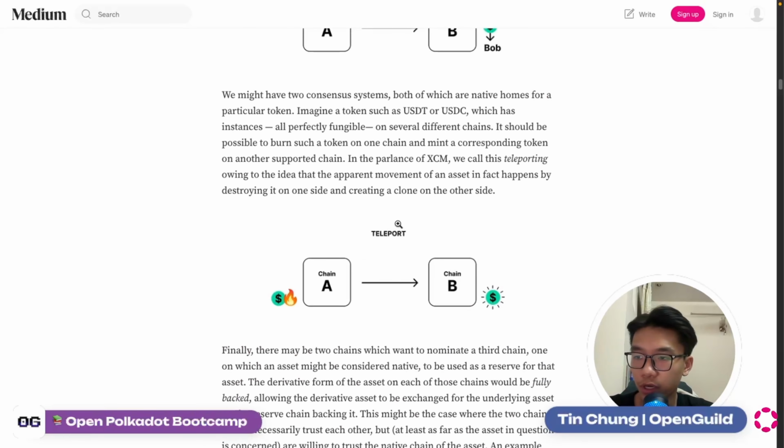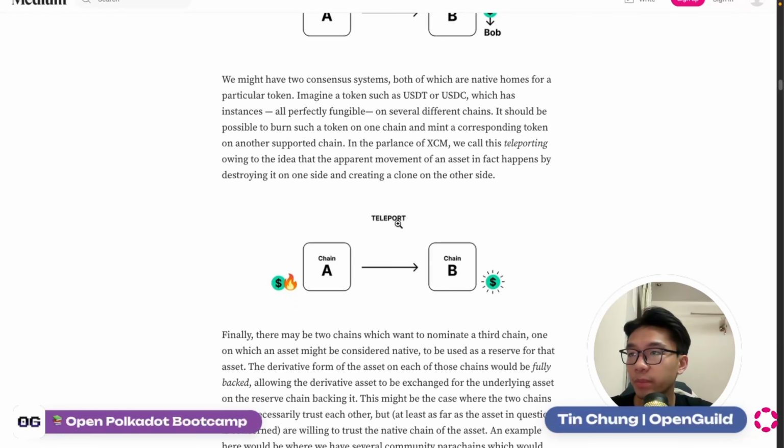Then there is another use case called teleport. Teleport is very common in the blockchain world, where you burn a token on one chain and mint a token on the other chain. It simply has the token teleport from chain A to chain B, because it disappears on chain A and then reappears on chain B. So imagine a token such as USDT or USDC, which has instances that are perfectly fungible on several different chains, and it should be possible to burn such a token on one chain and mint a corresponding token on another supported chain.